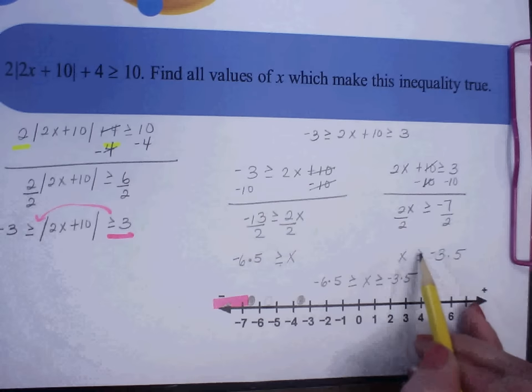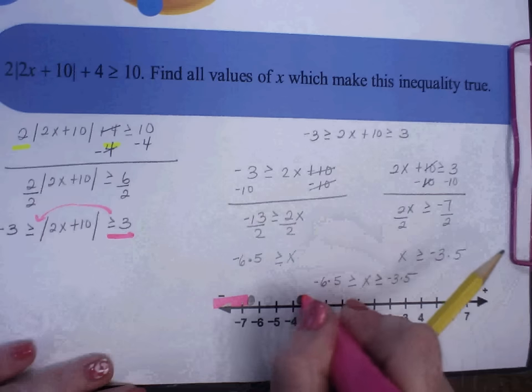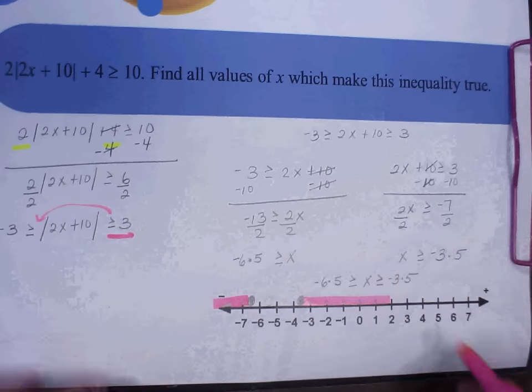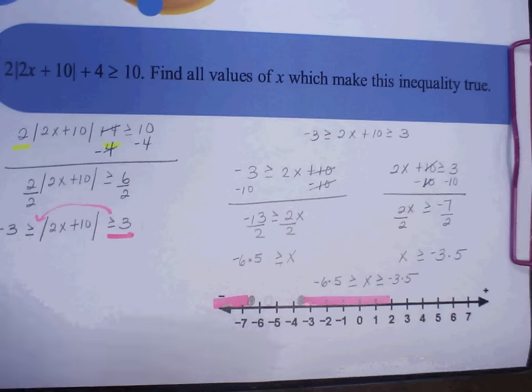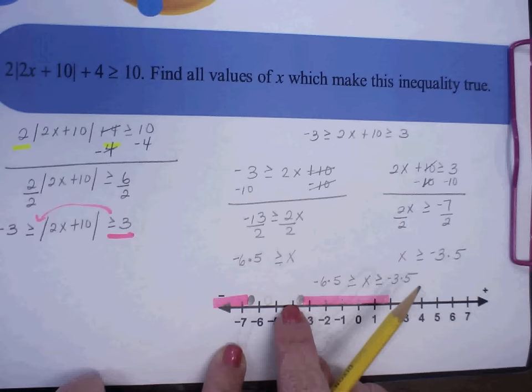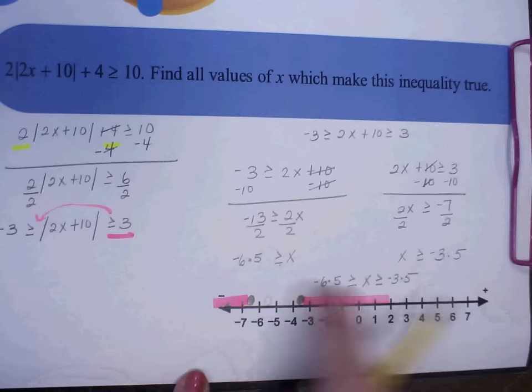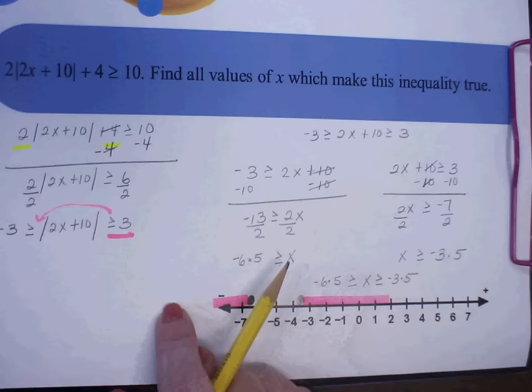And x has to be greater than or equal to negative 3.5. So the numbers that are greater are this way. So basically, everything could be a solution except for any number that's between those two circles because it's not highlighted. So anything from here all the way to infinity, anything from here all the way to negative infinity.